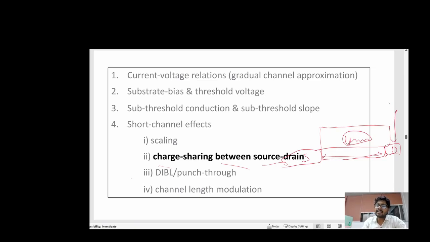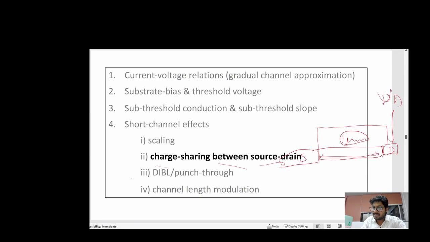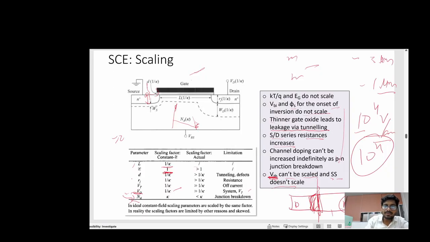When you apply the drain voltage VD, what happens? There will be some electric field. Because the drain is N type and this is P type, there will be some depletion region that we have seen, right? This one, WD.